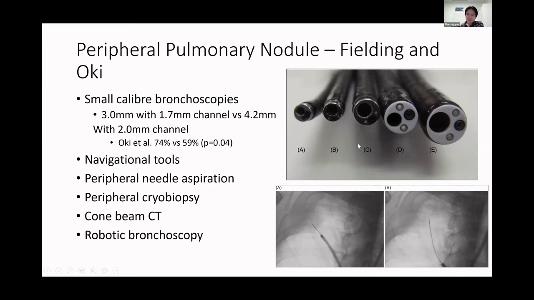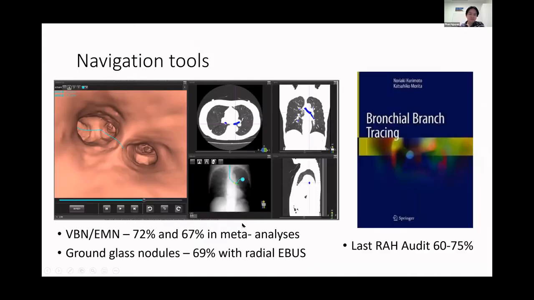Now, as the scopes have gotten smaller, you're able to reach further, and you can use navigational tools, peripheral needle aspiration, peripheral cryobiopsy. And I guess the centres with more money are starting to look at cone beam CT and robotic bronchoscopy. So these are the navigational tools. Even with virtual navigation in a meta-analysis, it still is about a 70% to 75% diagnostic rate.